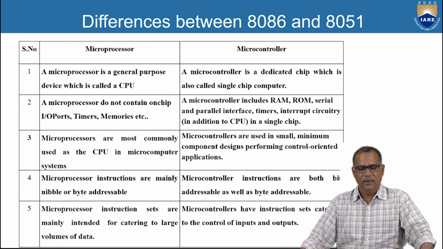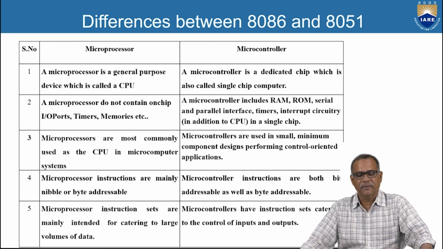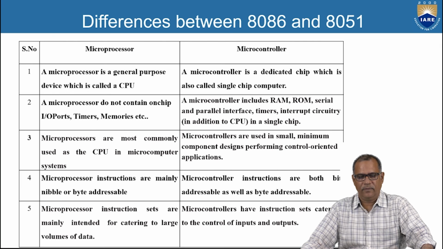And what are the differences between 8086 and 8051? Basic differences: microprocessor and microcontroller. What is a microprocessor? It is a general purpose device, and that is called the CPU. And a microcontroller has, in addition, memory also.